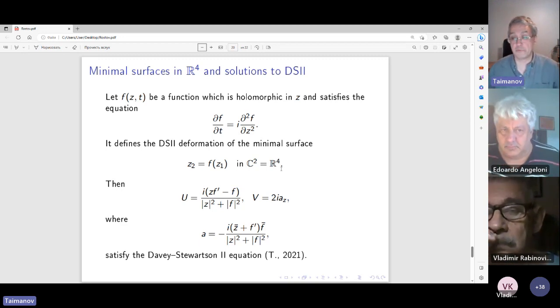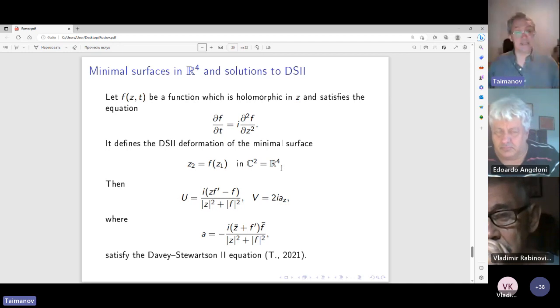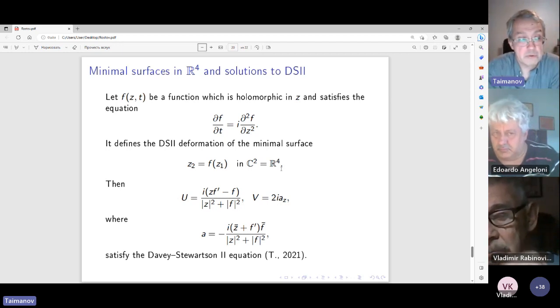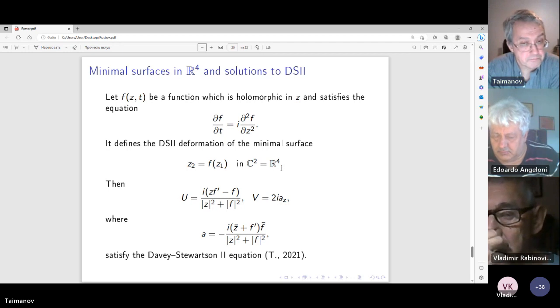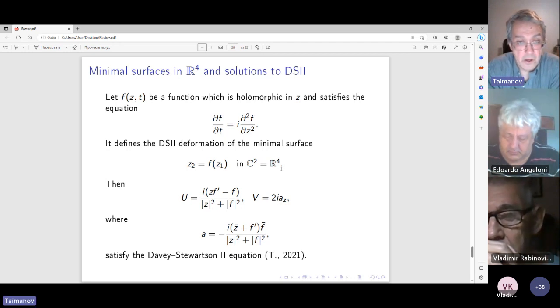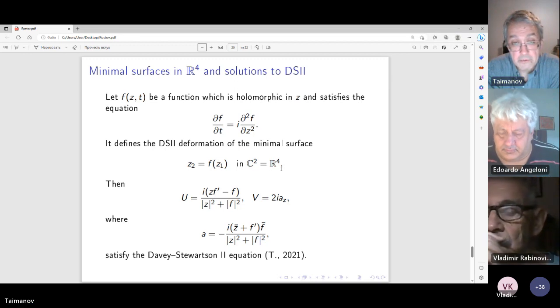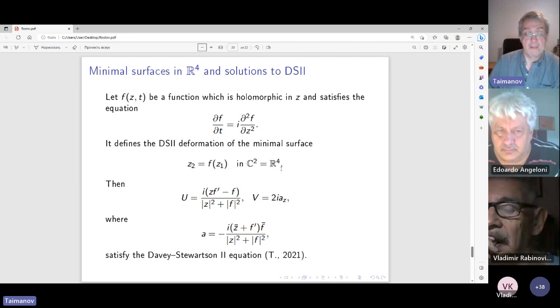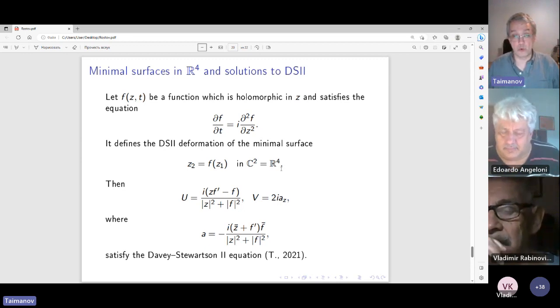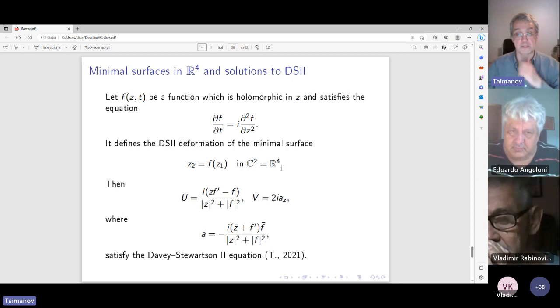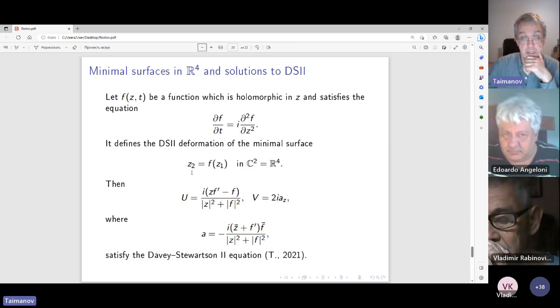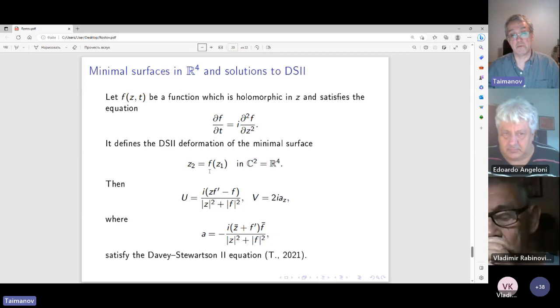So then the theory of minimal surfaces in R4 was started. There was an idea to find the simplest examples of minimal surfaces in R4. The very first simple example is a special class of surfaces as follows. Take any entire function f of one complex variable, represent R4 as C2 with complex coordinates z1, z2, and take the graph of this function, z2 equals f(z1).